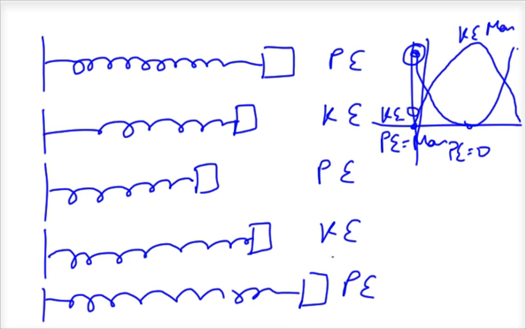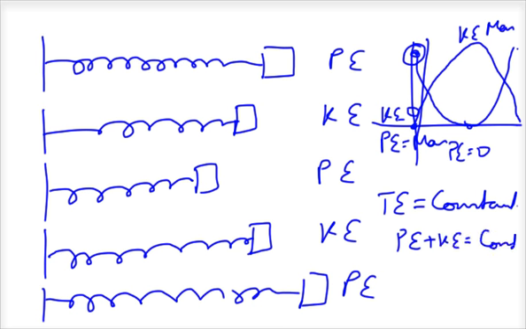Because there is no loss of energy anywhere, the total energy is a constant, that is potential energy plus kinetic energy is constant. I can say potential energy is half kx squared, and kinetic energy is half mv squared.